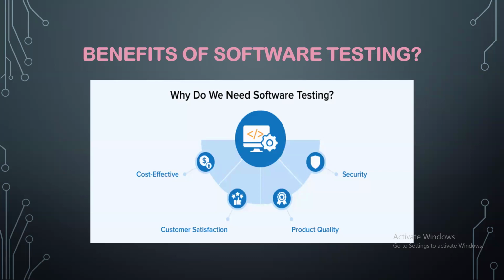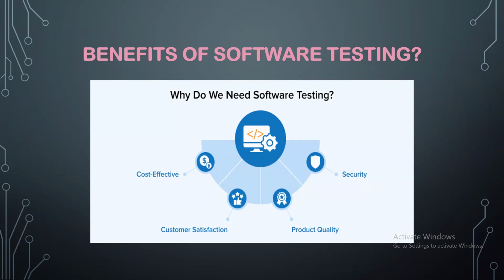Software testing is important because with it we can find bugs and errors as early as possible, before we deliver the software to the client. Properly tested software ensures reliability, security, and high performance, which results in time saving, customer satisfaction, and cost effectiveness. So this is why software testing is important.